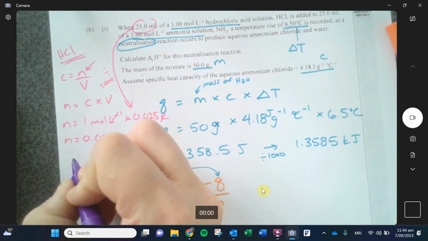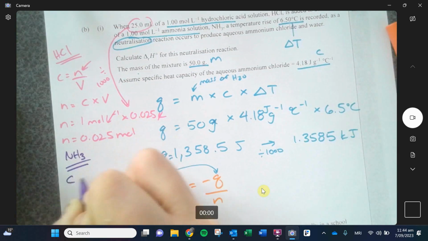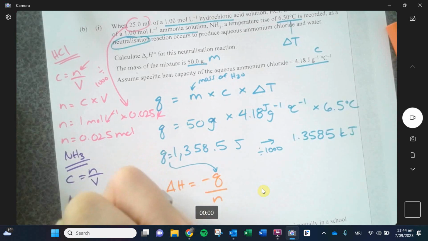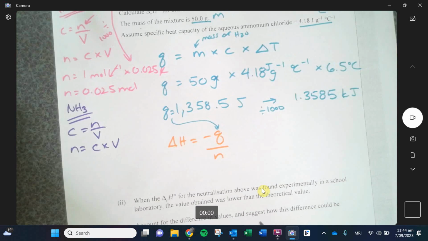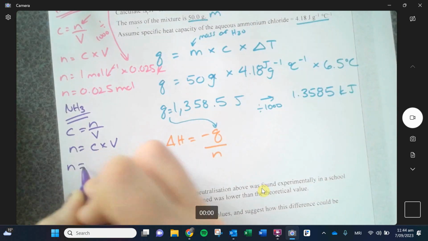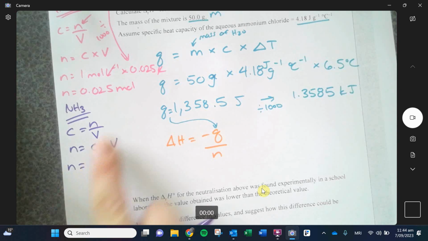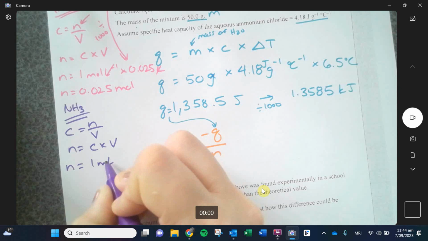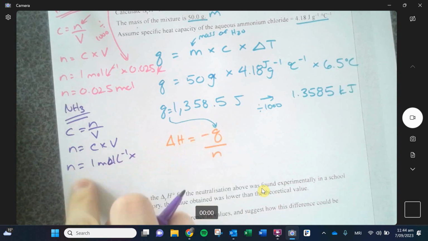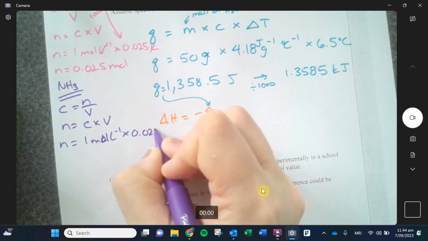So for the ammonia, C equals n divided by V, n equals C times V. So n equals the concentration, 1 mole for the ammonia, and the amount is also 25. What you're going to see is that both numbers are the same.